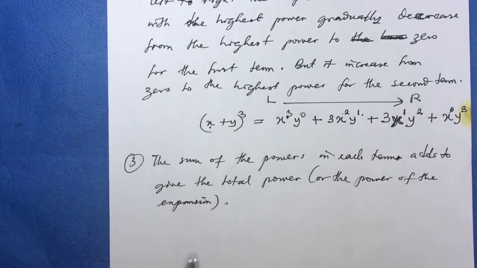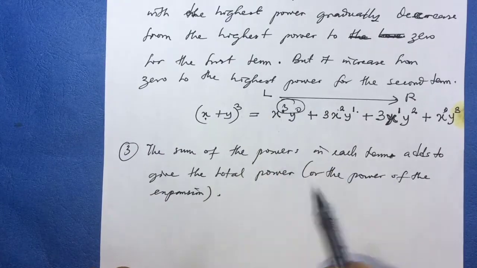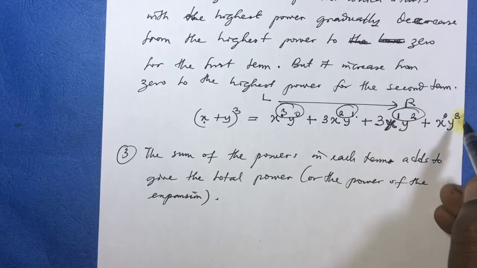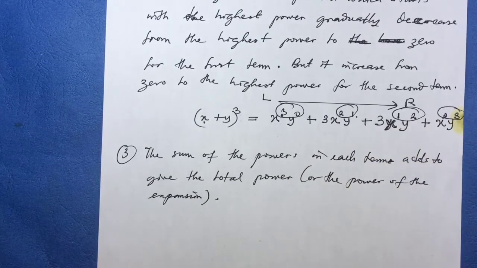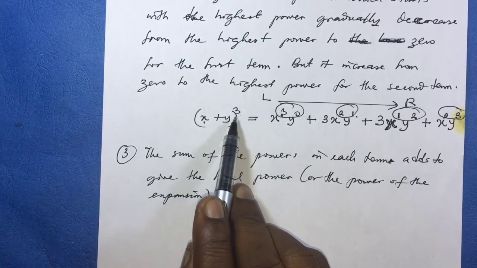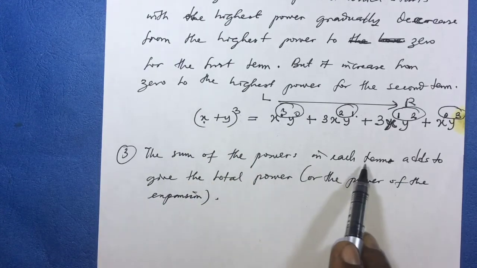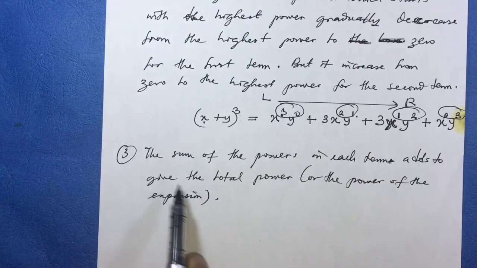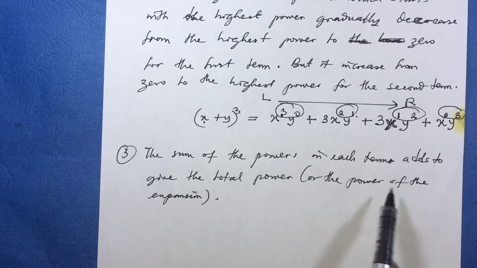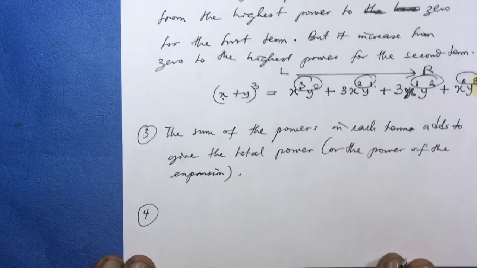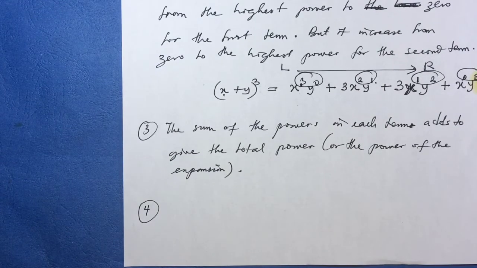Okay, so notice that at every point, 3 plus 0 gave me 3, 2 plus 1 gave me 3, 1 plus 2 gave me 3, 0 plus 3 gave me 3. What is 3? 3 is the expansion power. Okay, so the sum of the powers in each term adds to give the total power, or the power of the expansion.